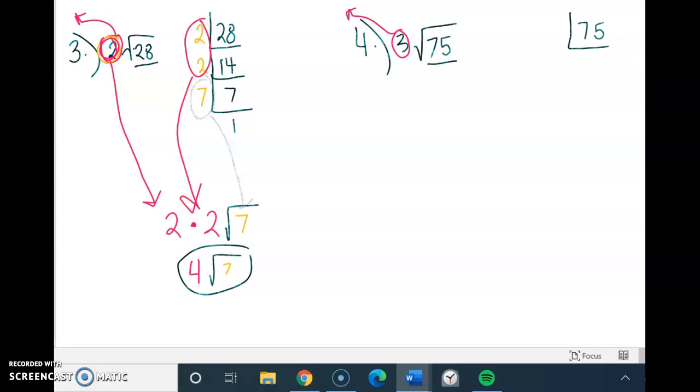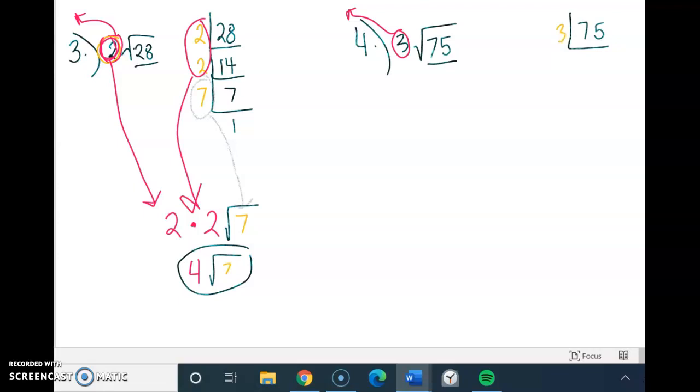Okay, now the smallest number out of our prime numbers, so our list of prime numbers, that goes into 75 would be 5. Then we want to divide. 75 divided by 5 is, I'm sorry, the smallest number that goes into 75 is not 5, it would be 3. 3 goes into 75 as well.